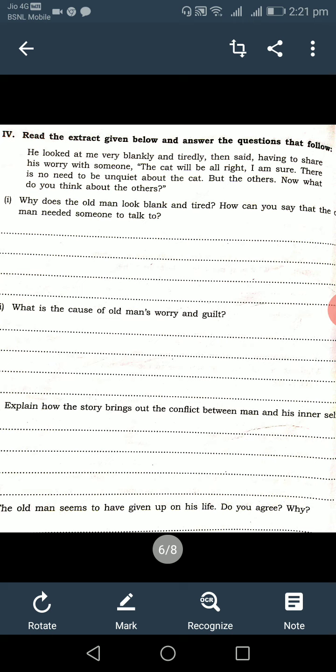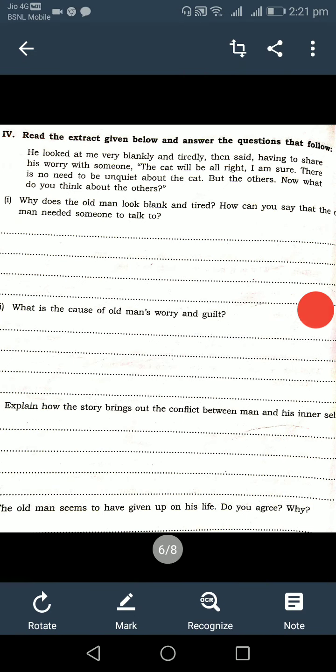Why does the old man look blank and tired? Now, children, read the extract carefully and then you'll be able to answer. The man was forced to flee from his native town, leaving behind his only family, that is his animals. He was concerned for them, but he did not know what to do.